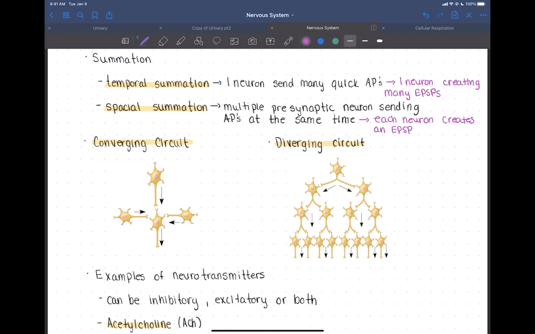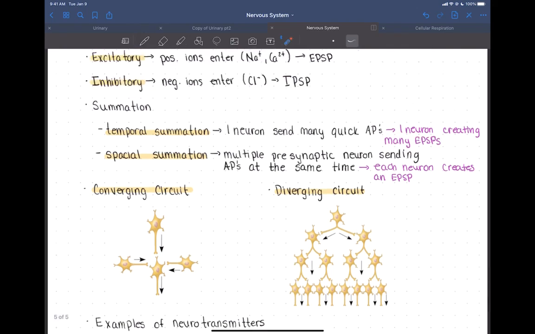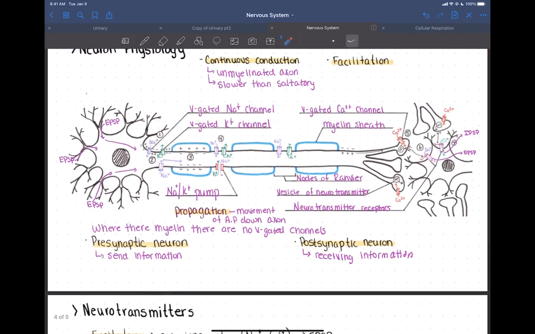So you still get many EPSPs, they're just each coming from a different neuron, versus temporal, where you're getting many EPSPs but they're only coming from one neuron. Spatial summation would look like what we were looking at here, where this postsynaptic neuron is receiving information from 3 presynaptic neurons.